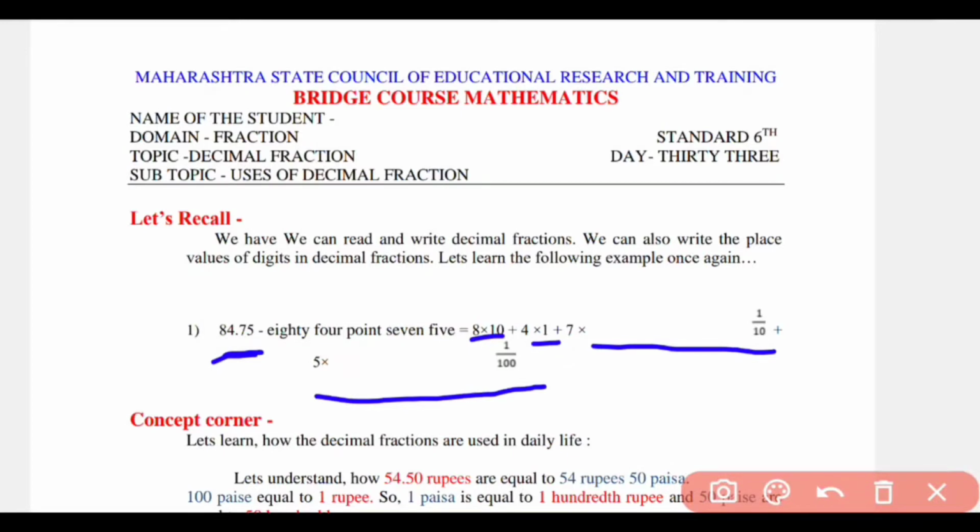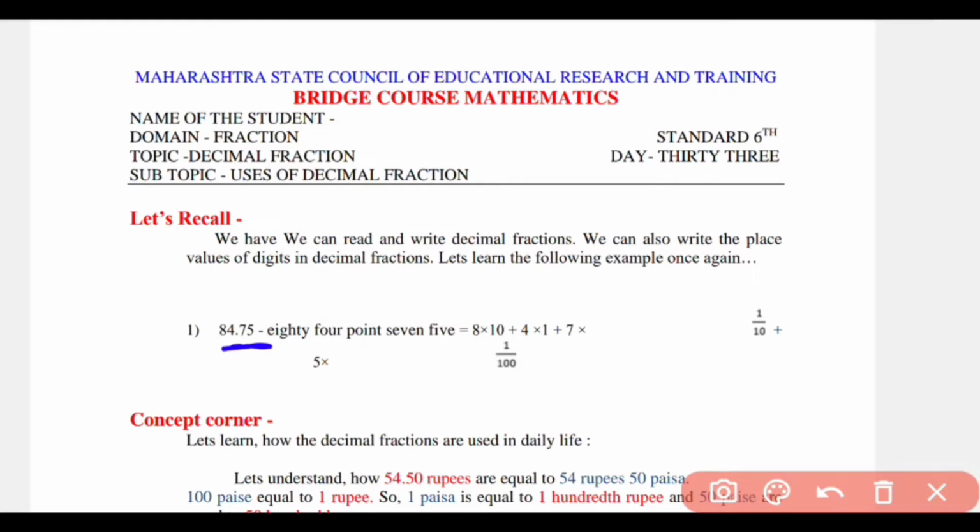So in this particular number 84.75, the place value of 8 is tens, the place value of 4 is units. After the point, on the right hand side, there are two digits, 7 and 5.